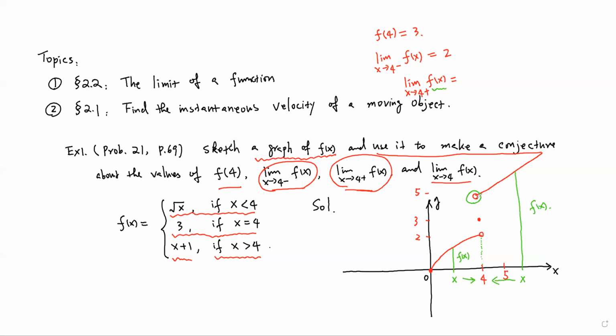The height of this open dot is 5. Therefore, the right-hand sided limit at 4 is 5.